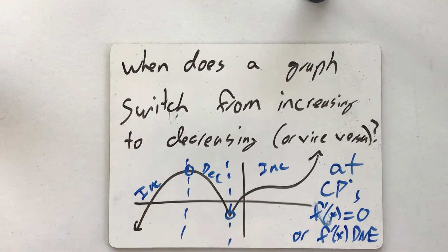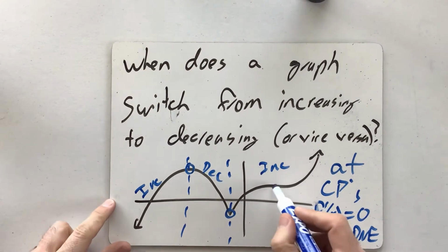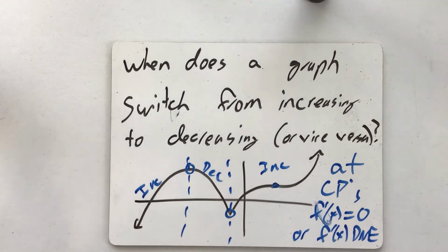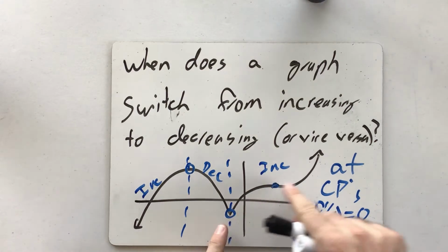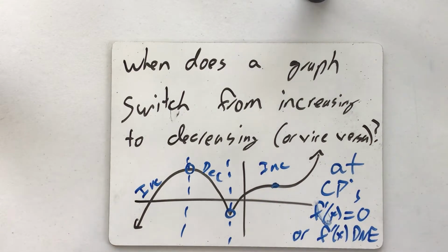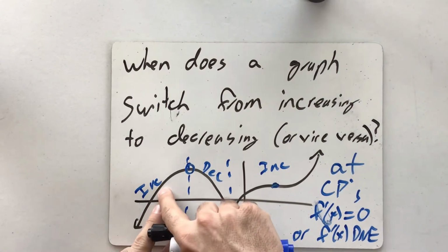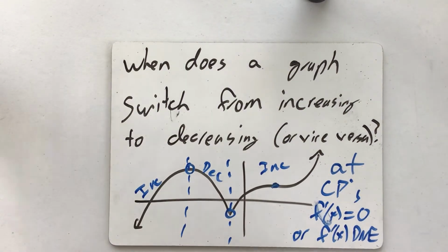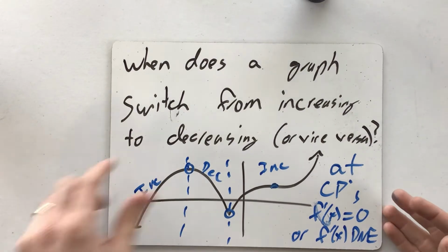Those are the two cases where we get our graph switching from increasing to decreasing. Notice you can have critical points like that one where the graph doesn't switch. So just because you get a 0 or does not exist, that doesn't mean the graph automatically switches, but it has to switch at critical points. It can't switch in the middle of a section while it has a positive slope or a negative slope.